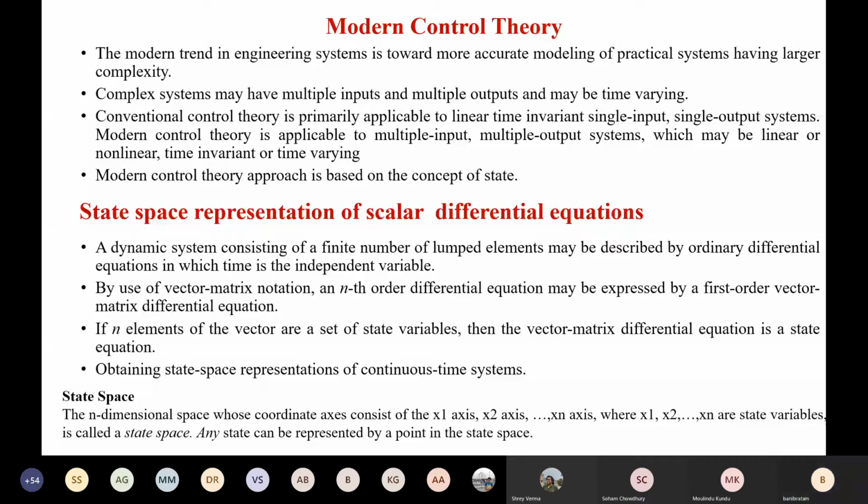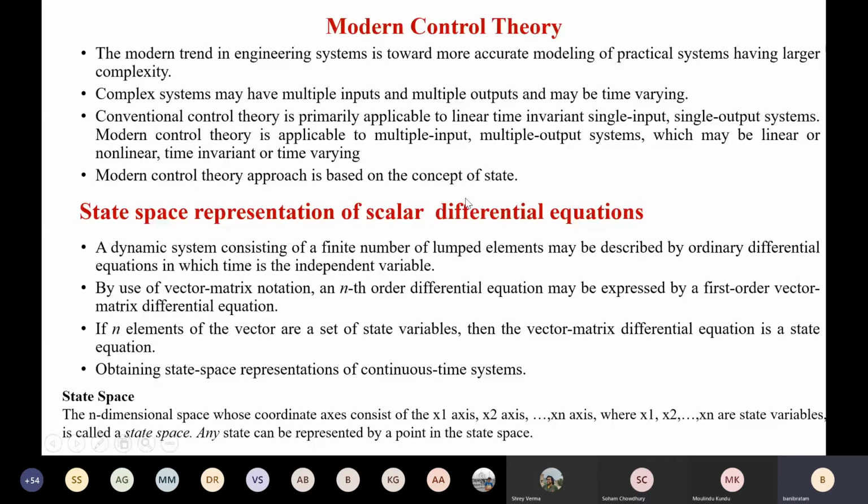Fine. Now, what is the basis of this modern control theory approach? It is based on the concept of state, which we are going to discuss. The concept of state is called state space equations, or state variables, or state space representation.